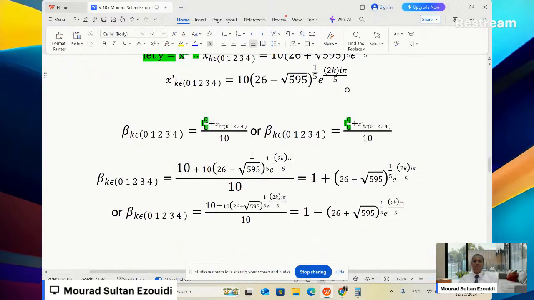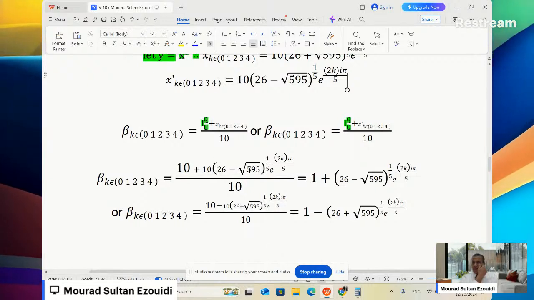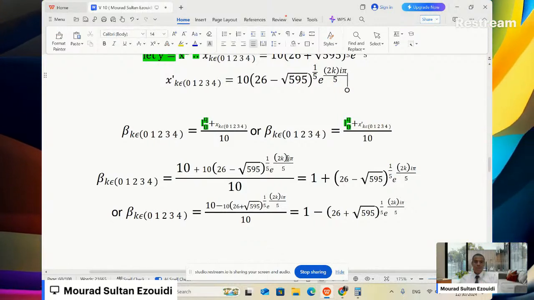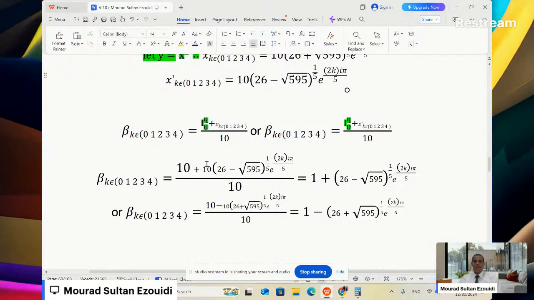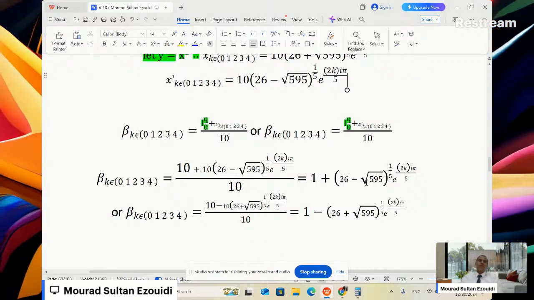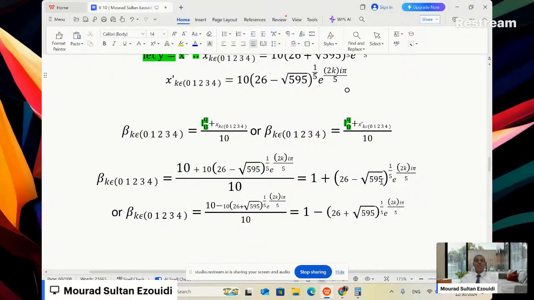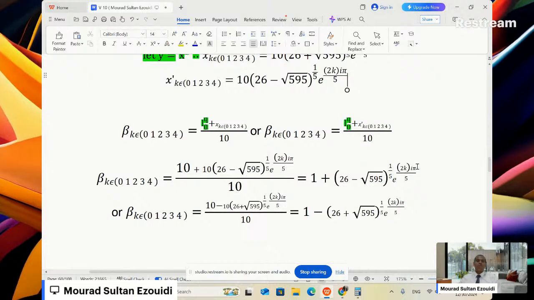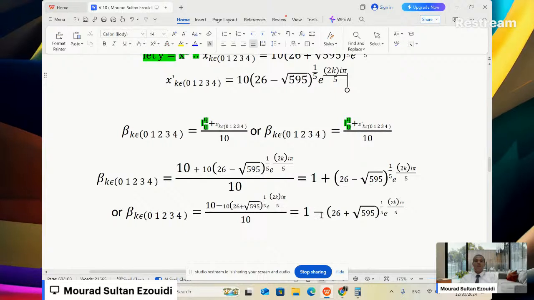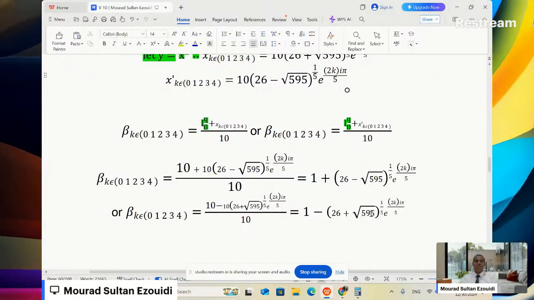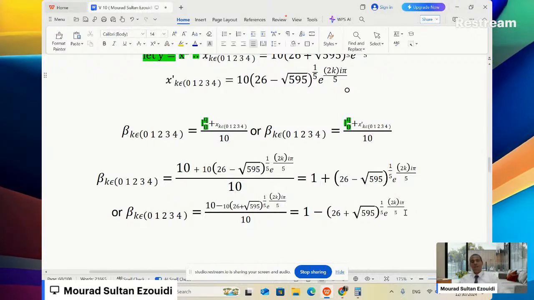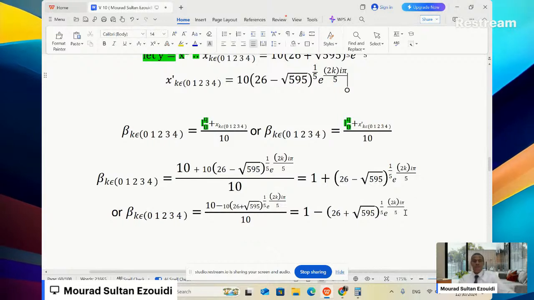It will be 10 plus 10 times 26 minus root of 595 raised to the power 5 times exponential 2ki pi over 5, divided by 10. 10 is a common factor, so it simplifies to 1 plus 26 minus root of 595 raised to the power 5 times exponential 2ki pi over 5. Or the other fifth roots are 1 minus 26 plus root of 595 raised to the power 5 times exponential 2ki pi over 5. So these are the roots.